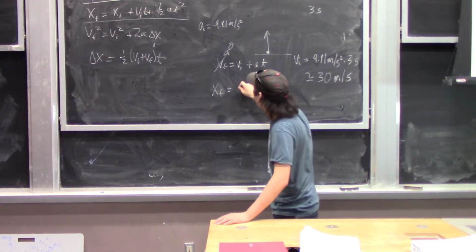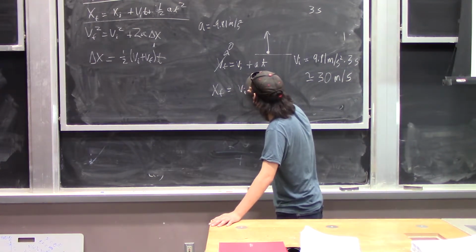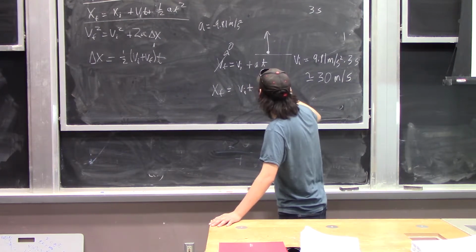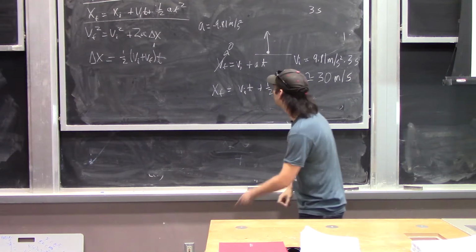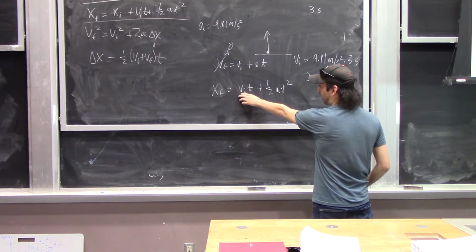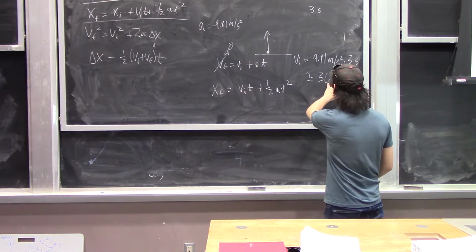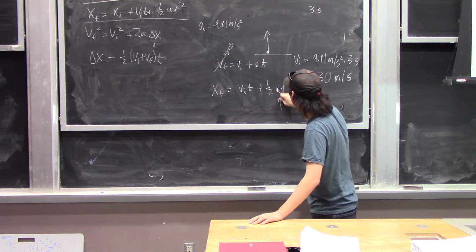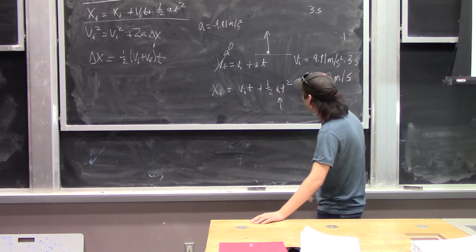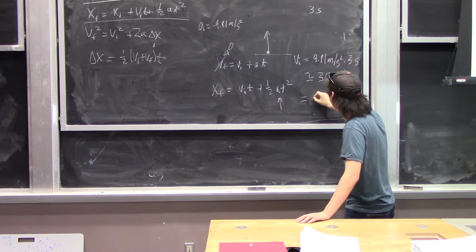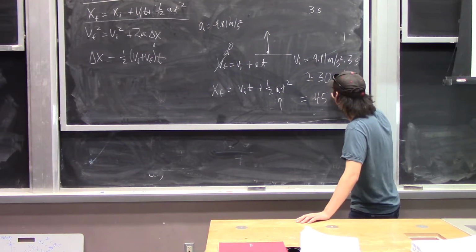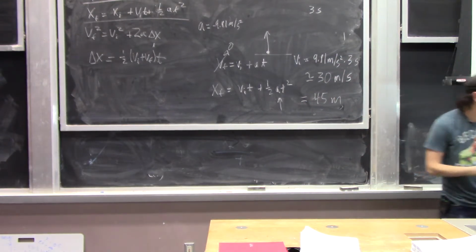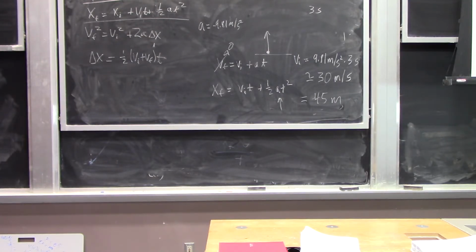So then xf is going to be equal to Vi t plus 1/2 a t squared. Plug in our initial velocity, our time, our acceleration, which is minus 9.81. And when we do that, we end up finding that this is about 45 meters. Pretty straightforward.